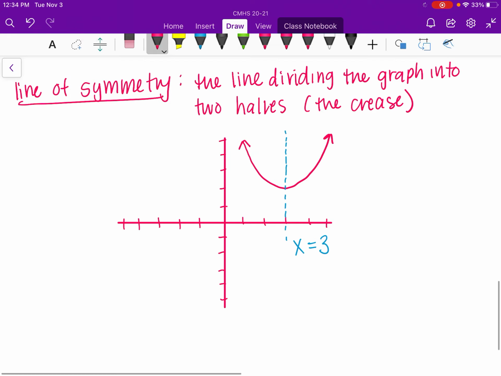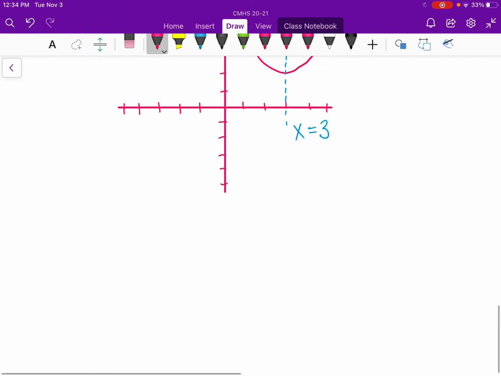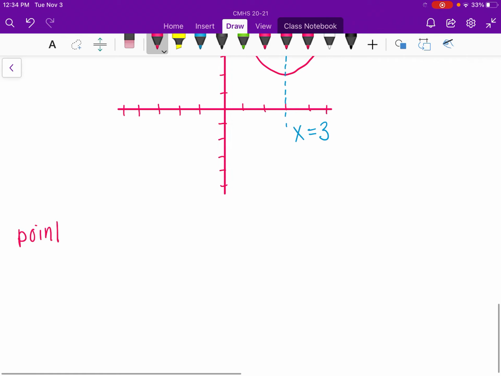The other kind of symmetry is called point symmetry. So let's go down here, and we'll write point symmetry.